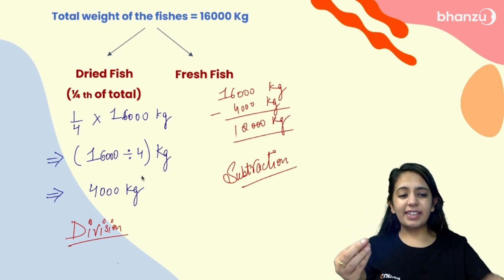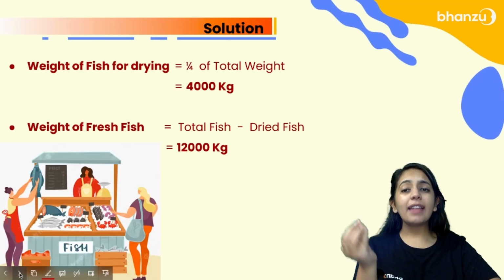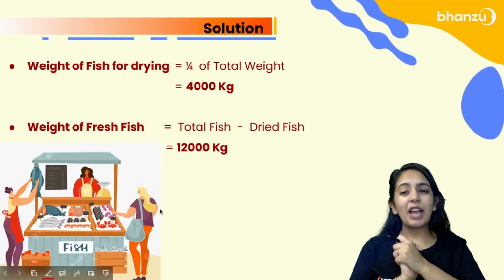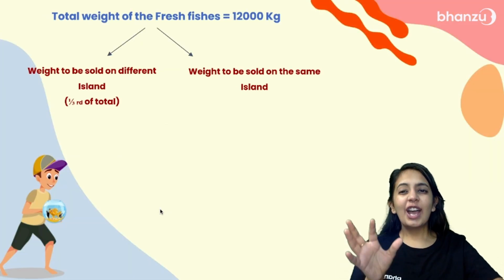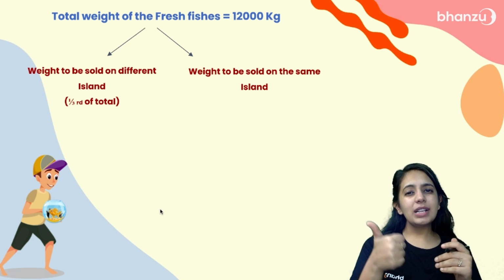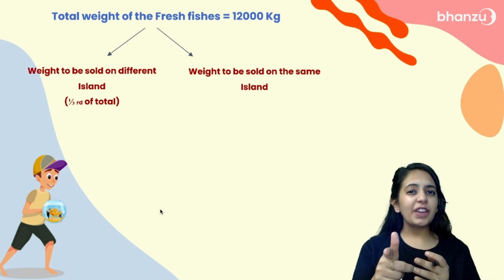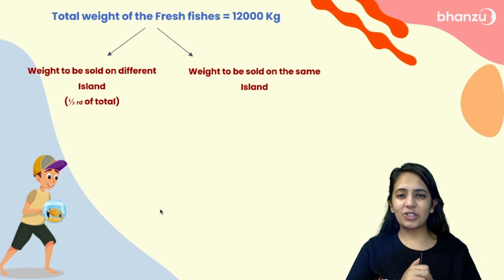So that means 4,000 kg of the fishes has to go for drying up, and the remaining 12,000 kg will be counted as fresh fish. Alright, because we have already used all of the 4 concepts: multiplication, addition, division and subtraction. Now you figure out what will be the answer to this question. Pause the video and calculate.